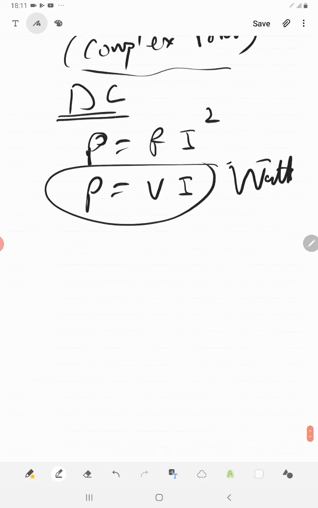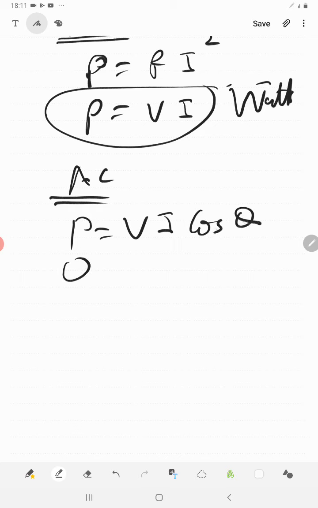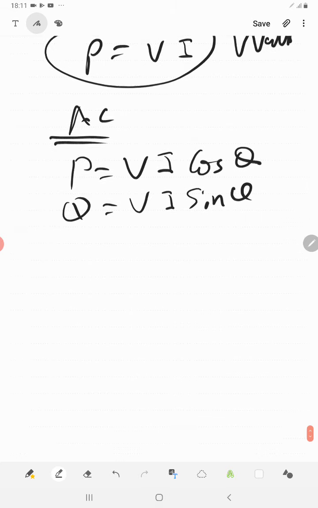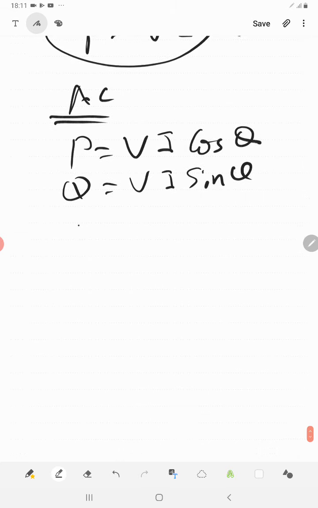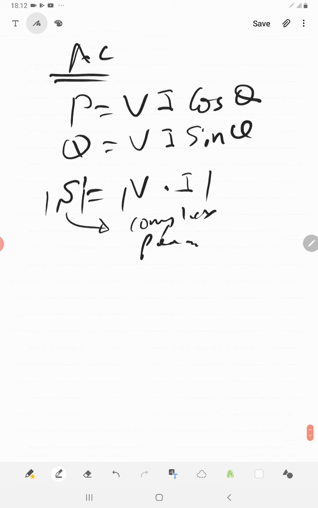In AC we have power P equals VI cosine theta and Q equals VI sine theta. How do we obtain this? And S equals V times I absolute. This is the complex power. How do we obtain it?